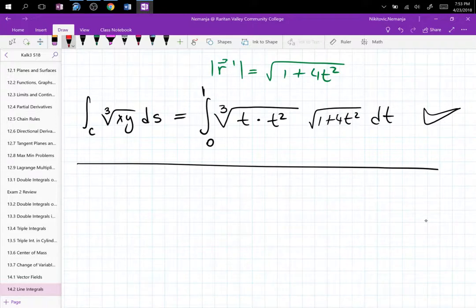Now we are moving on to Theorem 14.2, evaluating scalar line integrals in R3, which is 3D. Just writing the formula, everything is the same.